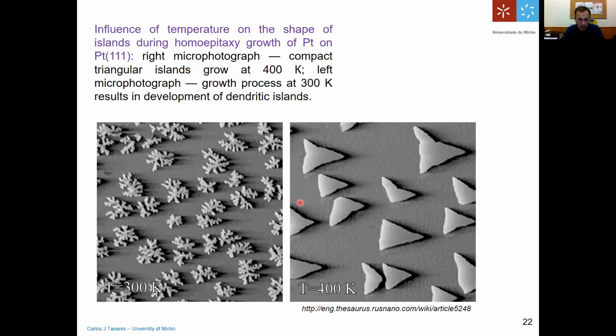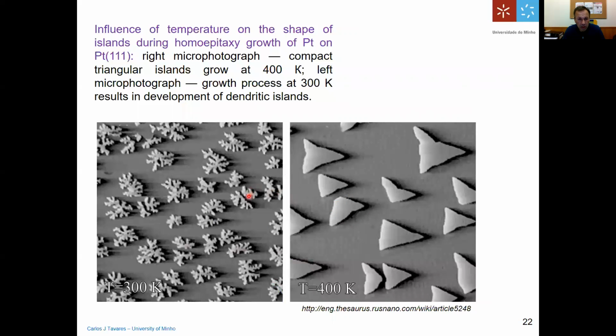And the substrate is already oriented. So you have a specific platinum substrate, which is oriented along 111, which means that the surface crystallographic planes 111 are parallel to the surface, and the direction 111 is perpendicular to these planes, okay?